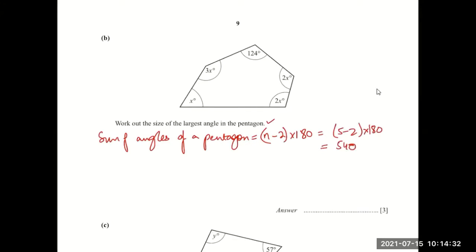So I can say that adding all of these up should give me 540.